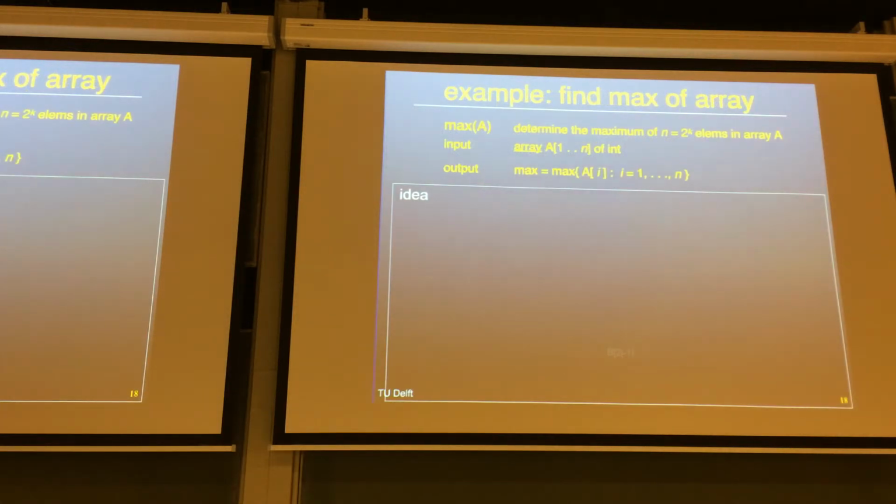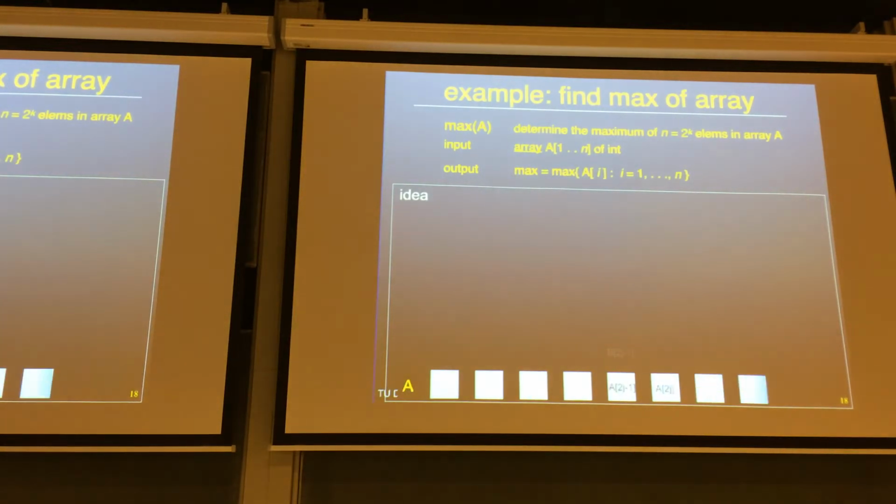Okay. Let me give you a very simple example. But I think that most of you already saw this example in parts. Suppose I have an array of values and I would like to determine the maximum. For simplicity, I take n as a power of 2, so n is 2 to the power k.